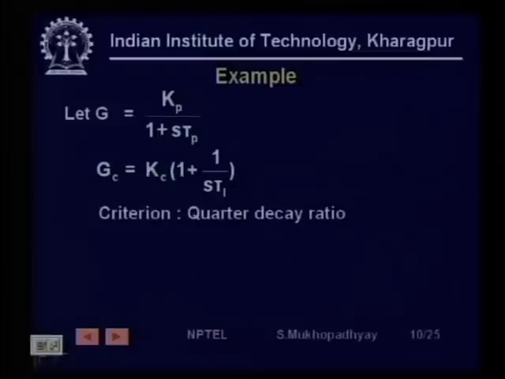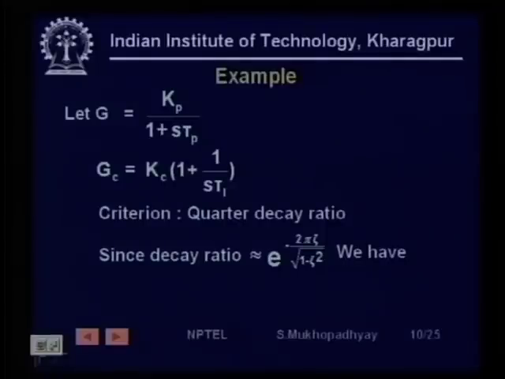Suppose my criterion is quarter decay ratio, that means the ratio of the second overshoot to the first overshoot will be 0.25, right. So, it turns out that decay ratio is actually given by this formula.